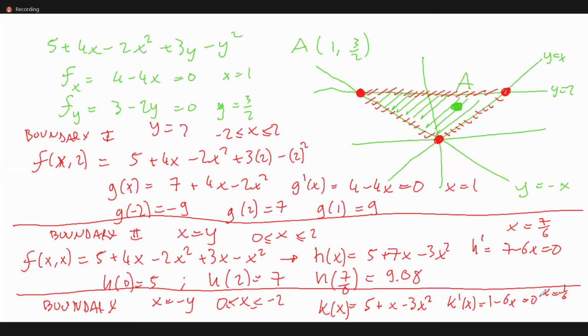However, what do we notice about this point? This point here is outside of our interval for x, which is negative values of x between 0 and -2.